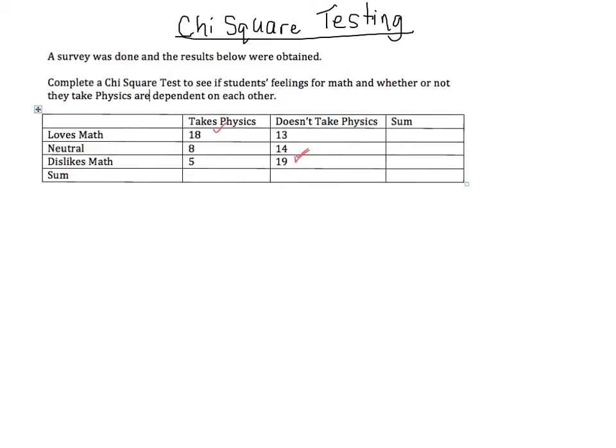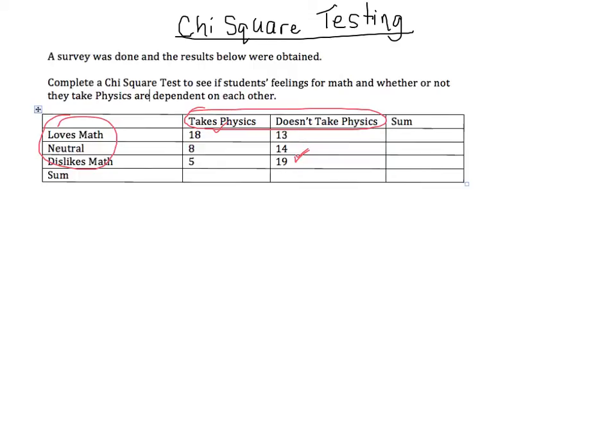Now, what the chi-square test will allow us to do is tell whether or not my category, which in this case is feelings for math, and my other category, which in this case is whether or not you take physics, are independent or dependent. So the process is somewhat involved, but I'll take you through the whole thing in this video.